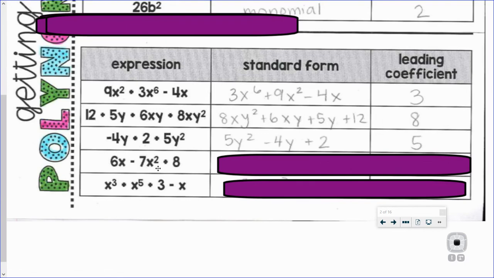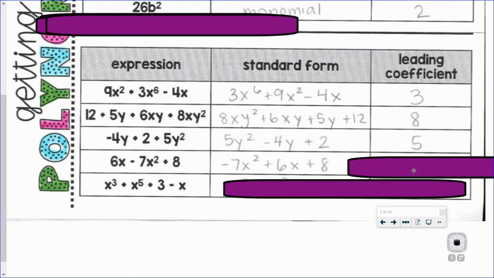That has a degree of what? 2. And this has a degree of 0. So which comes first? You want the highest degree. Yeah, so it'll be negative 7x squared, then 6x, then 8. What's my leading coefficient then of this polynomial?